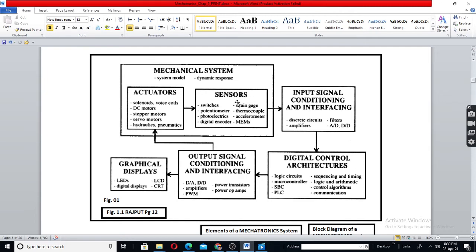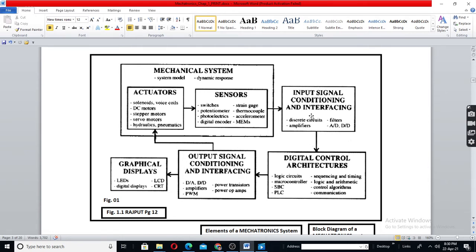Input signal comes from the sensor: actuator output is sensor input, sensor output is input to the control system. So there it can have a filter also. Example, filter. You may need to filter some frequency or noise from the output of the sensor.